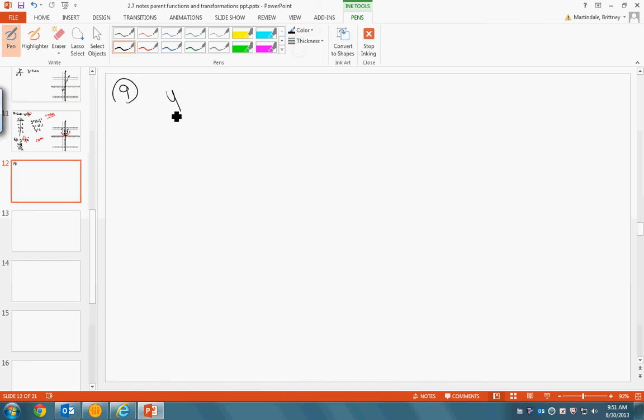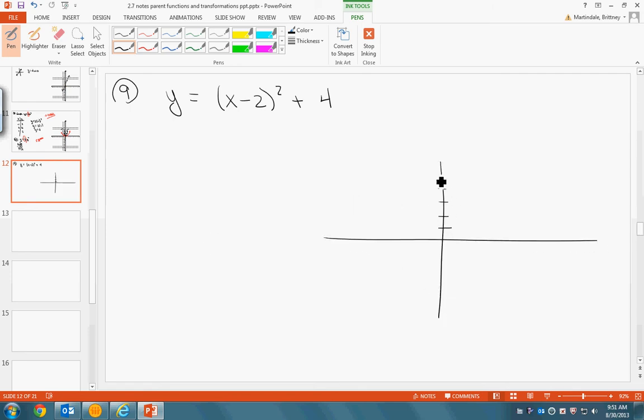Let's make one up. Let's see here. (x - 2) squared plus 4. Let's do that one. Take a second and see what would happen to the graph. We're just going to sketch it, so you don't have to do a t-table unless you want to. Whenever I do these, I like to write down what's going to happen.